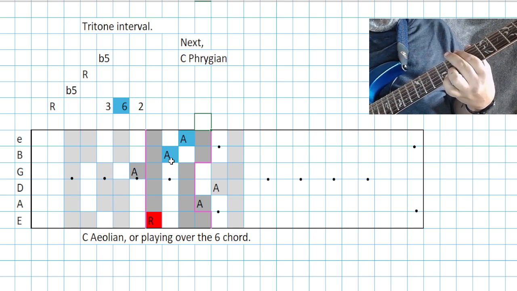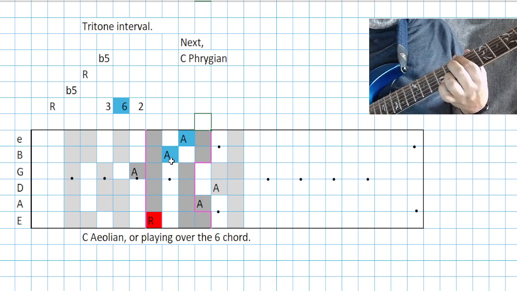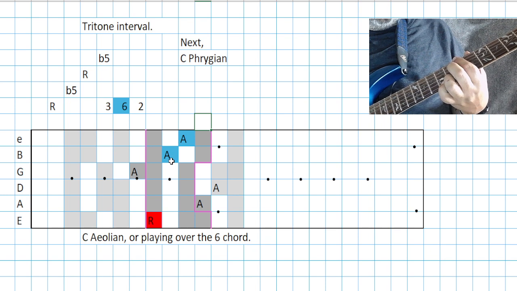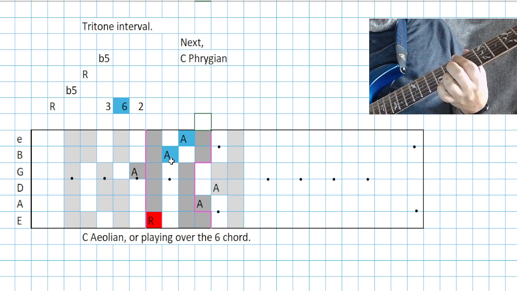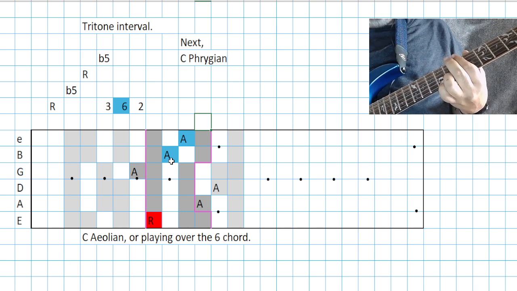Why is Aeolian playing a 2 as a character note? I'm sure there's a reason for this. I mean, after all, they'll all have a 2. Okay, I got it.